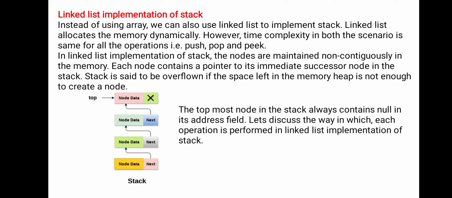So 4 into 2, 8 bytes of memory is allocated, but I am going to use only 3 into 2, 6 bytes of memory. The remaining 2 bytes of memory is wasted, and it is allocated, but we cannot use it, and we are unable to delete it. So this is the problem of static allocation.